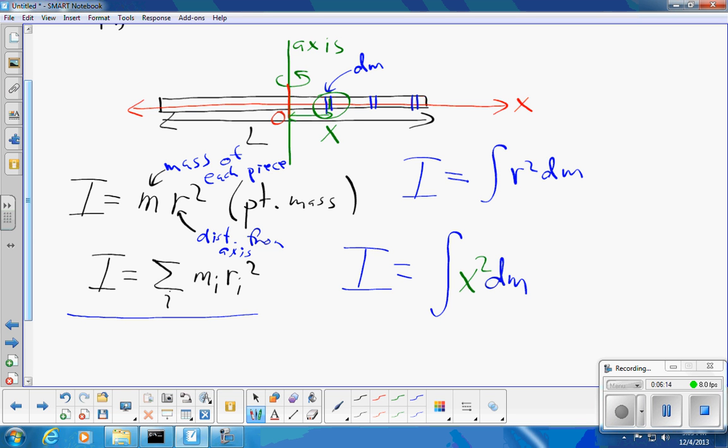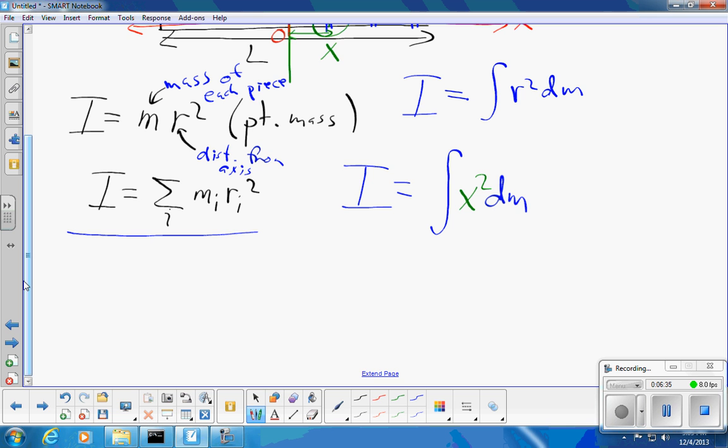In this case, though, all the distances are measured along the x-axis because I have a one-dimensional distribution of mass. So my r has turned into x because I have the x-axis to label how far away things are. All right, so for this particular problem, the equation is I equals integral of x squared dm. Okay, not a big deal, but there you have it.